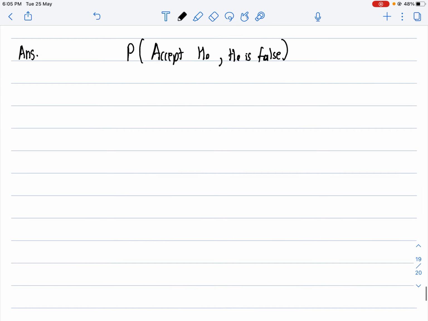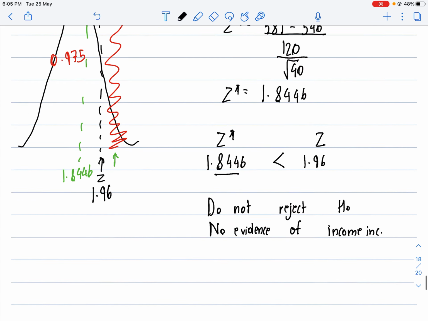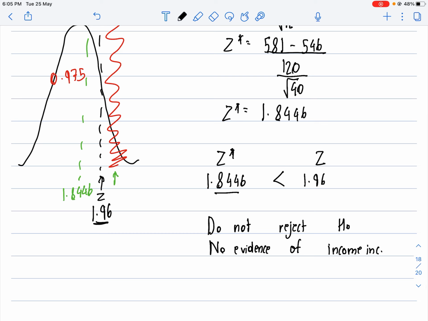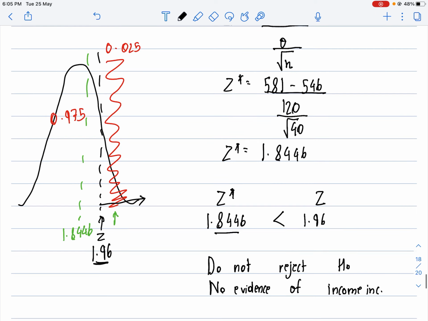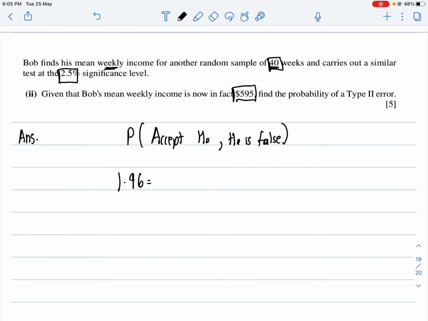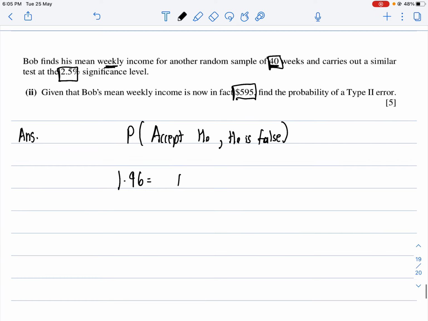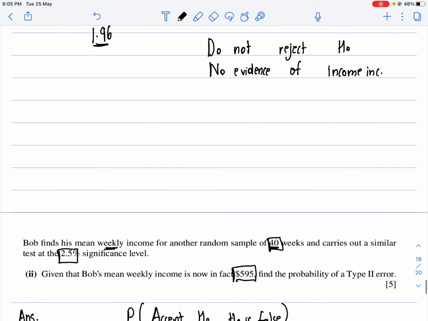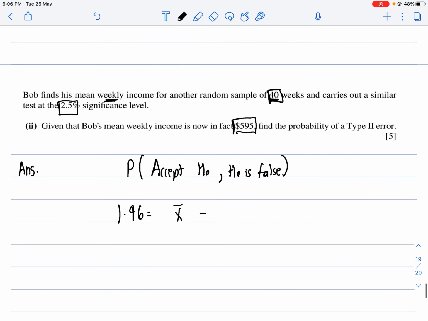If you see the curve up here, more than 1.96 was where the rejection started. Agreed? Because this portion in red was the area of rejection. So I can simply write 1.96 equals a test value minus the previous mean. Take the previous mean only, 546.